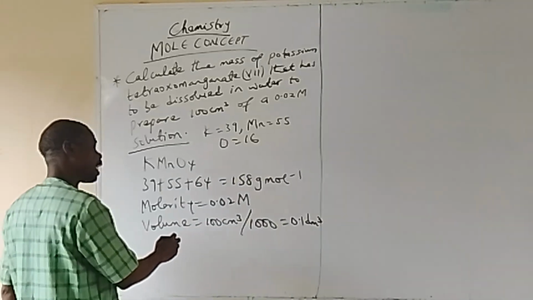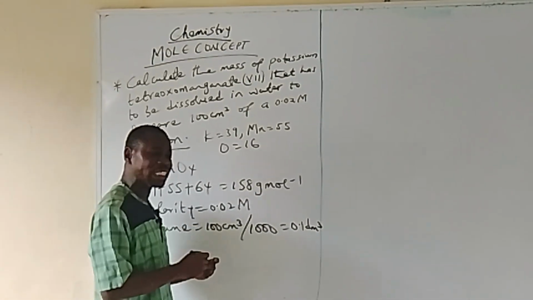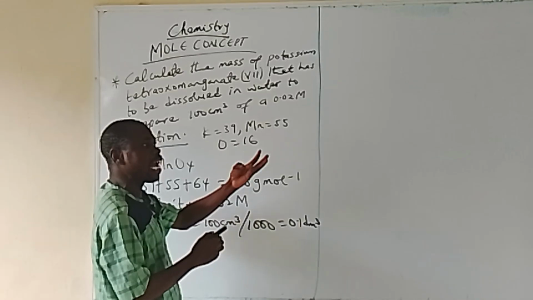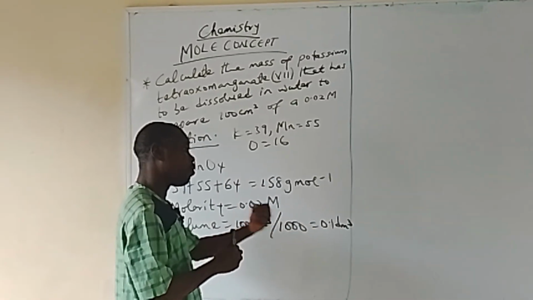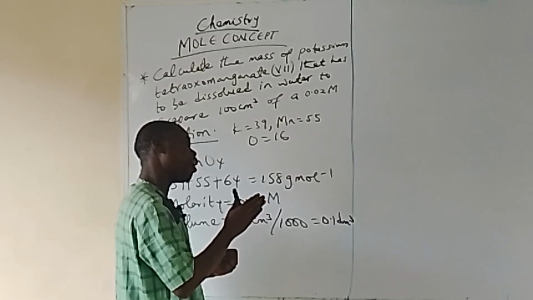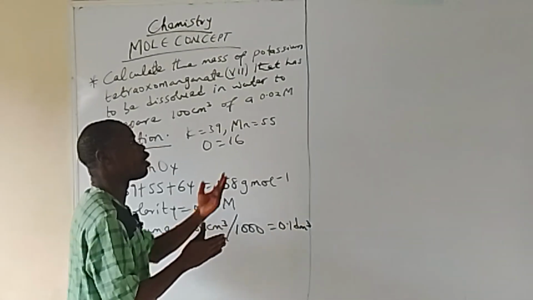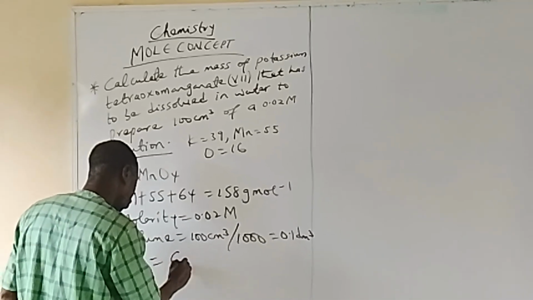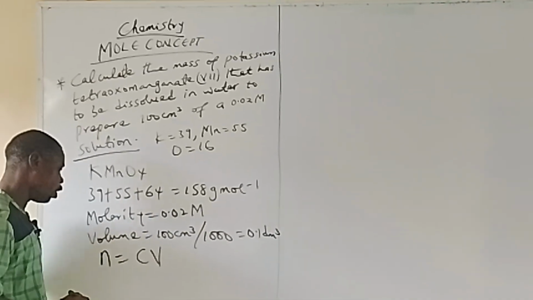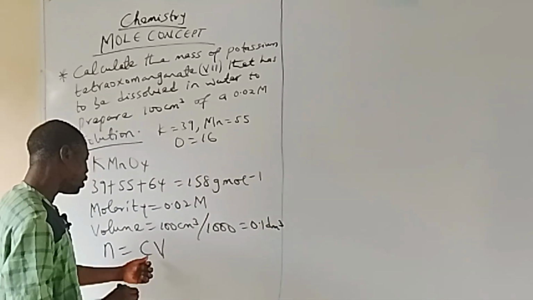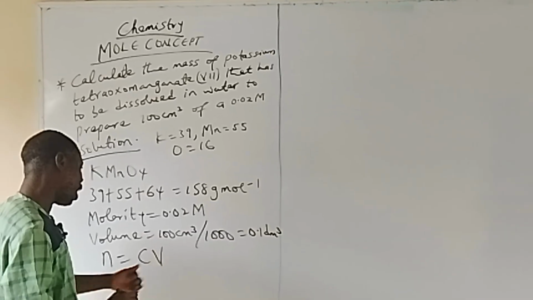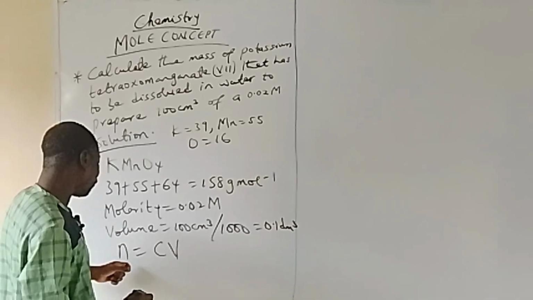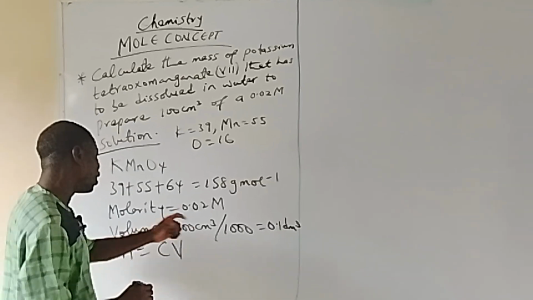And in our mole concept, if we remember a particular formula that connects concentration, volume, and number of moles. Yes. I know that number of mole is equal to concentration times volume. N is equal to CV. This concentration is also the molarity. So now I can find the number of mole of this compound.